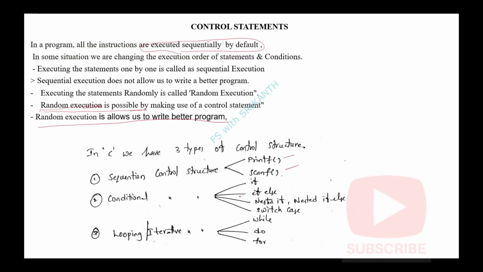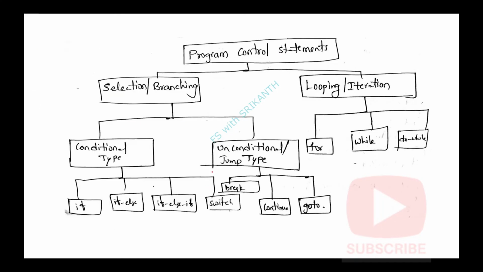Then for conditions we have if else, nested if else, switch, and for loops, while, do, for. These are the more important keywords. Everyone knows these are keywords. There are branching statements and looping statements, and conditional and unconditional. Here we have break, continue, goto, and one more, exit. We learn these four: break, continue, goto, and exit.